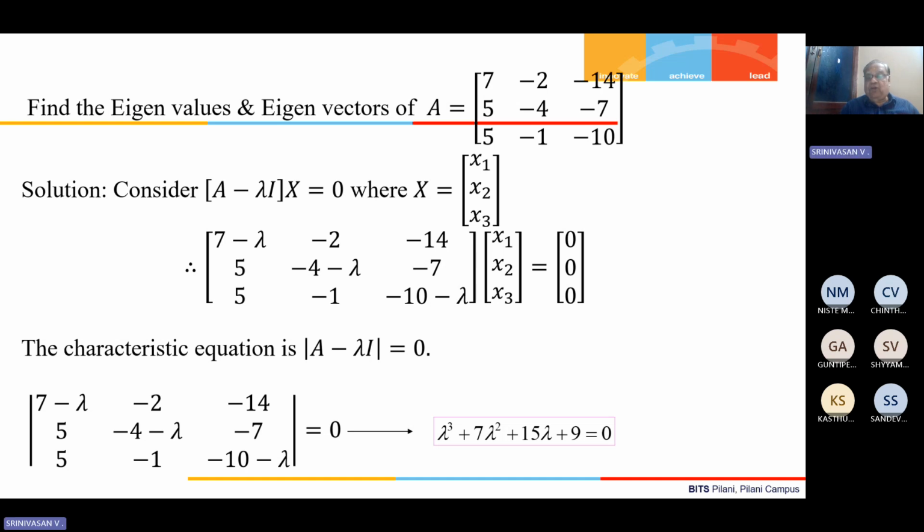Because lambda equal to minus 1 is a solution, when you divide by this factor, you get lambda square plus 6 lambda plus 9 equals 0. What are the two values of lambda therefore?